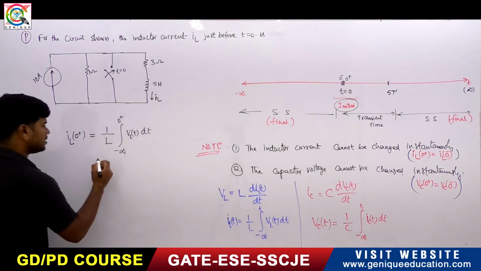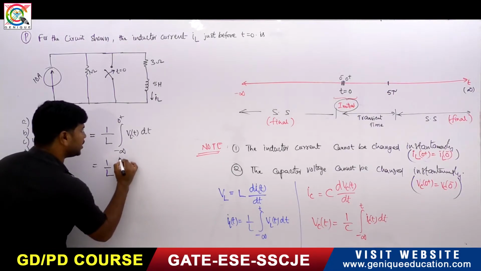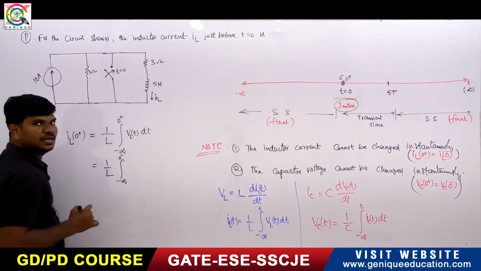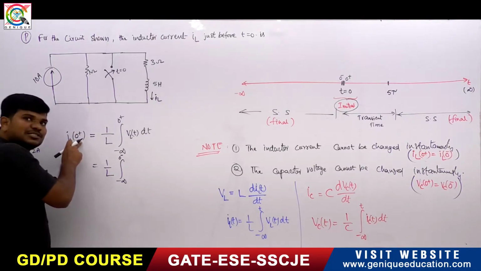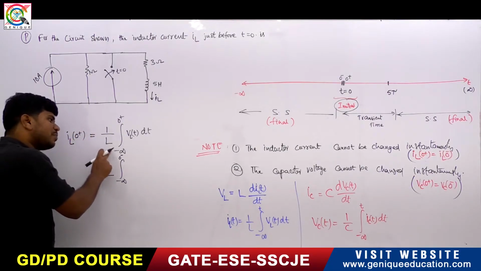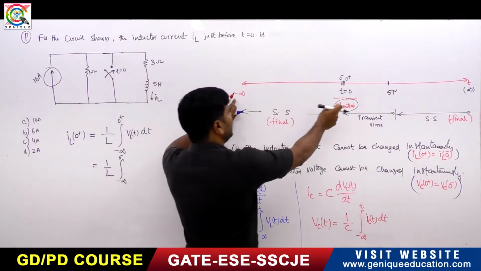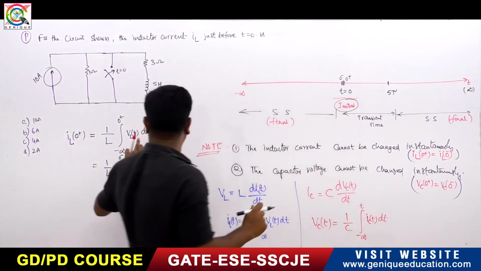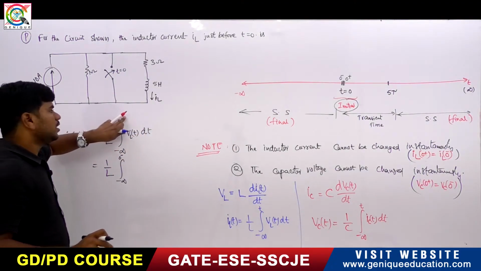Observe this. IL of 0 plus means 1 by L into the integral from minus infinity to 0 plus, that is, we have to integrate the voltage across the inductor from minus infinity to 0 plus.